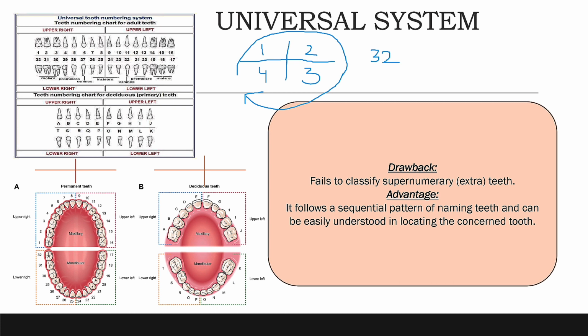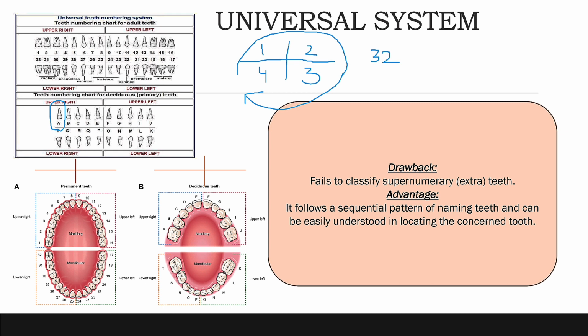We don't have third molars in deciduous and we don't have any premolars, neither first nor second premolars. So the first alphabet, A, is given to the second molar of the upper right side in deciduous.